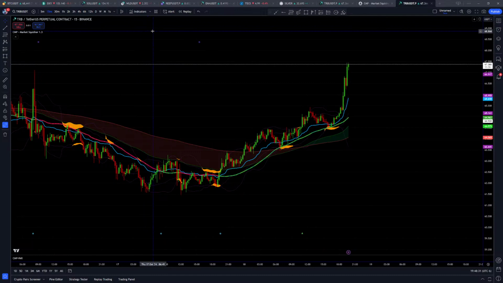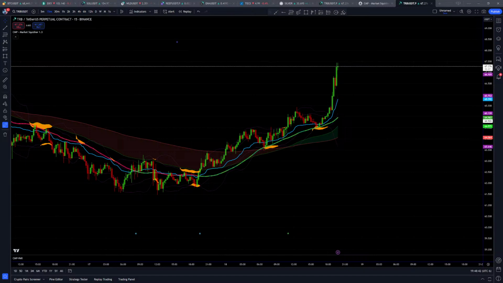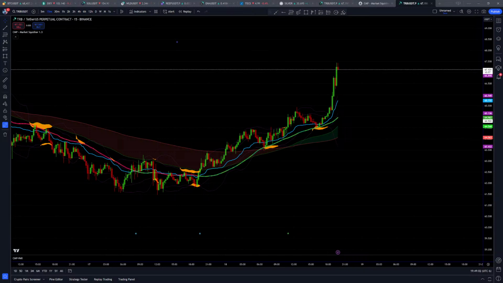Like I said, you're targeting a 1-to-4 risk reward ratio. Sometimes I take profit at 1-to-1 to cover the trade if some of the EMAs are not in my favor. But other times, if everything is in my favor, I'll target a 1-to-2 risk reward ratio before I do TP1.